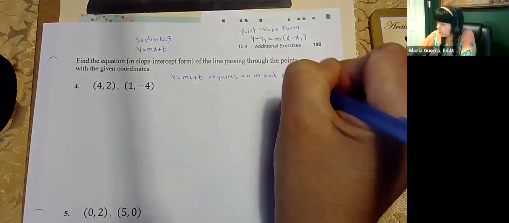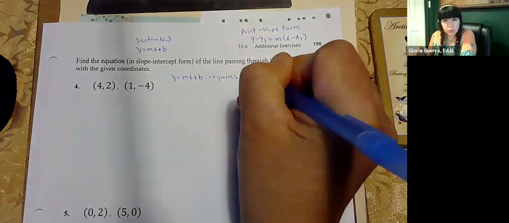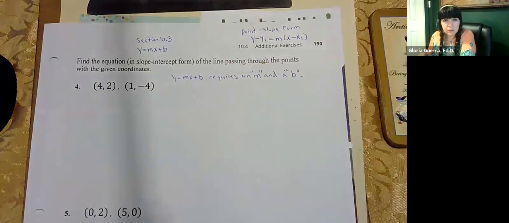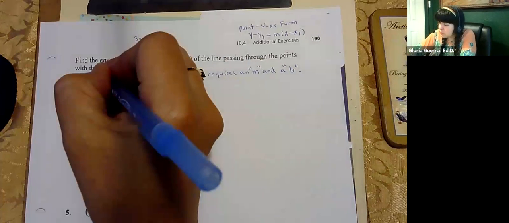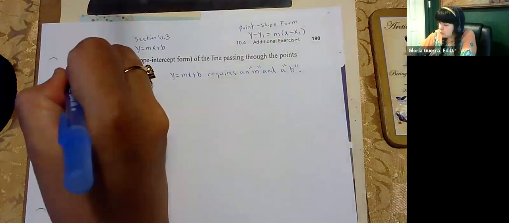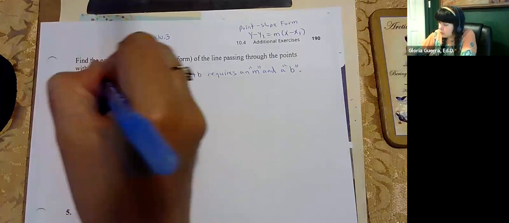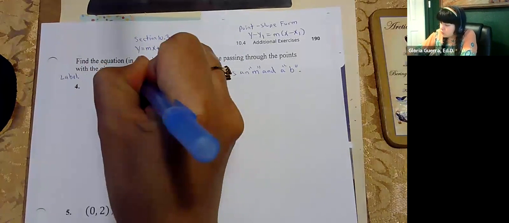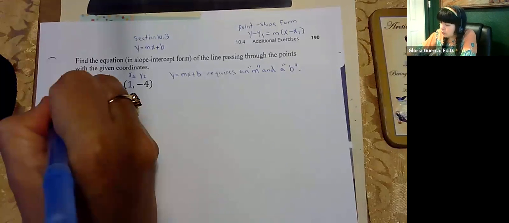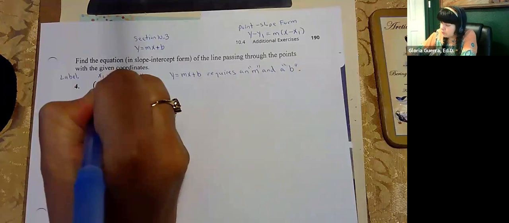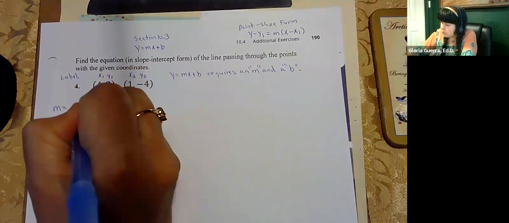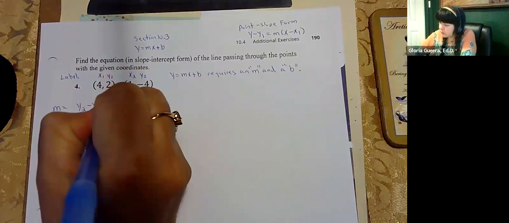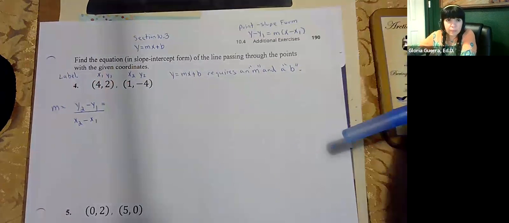So we could start off with the m. You know that you can label your points. Call this x1, y1. Call this x2, y2. And so you have m is equal to y2 minus y1 over x2 minus x1, correct?